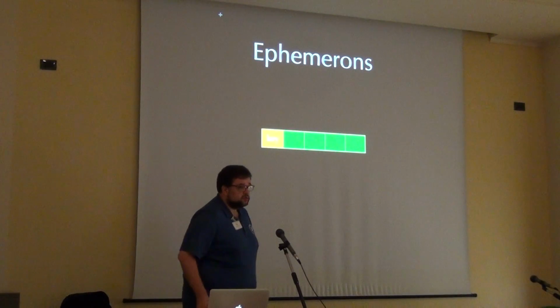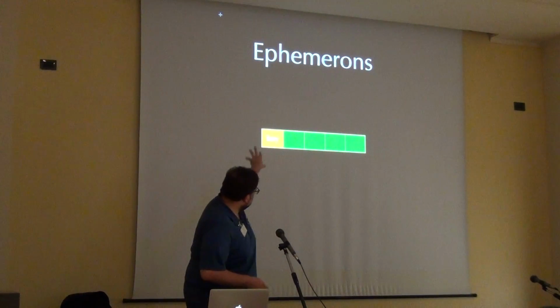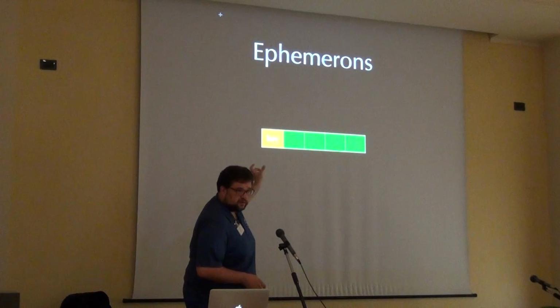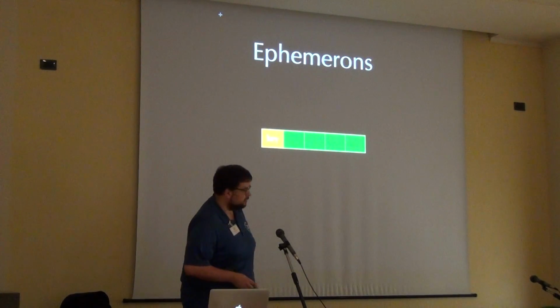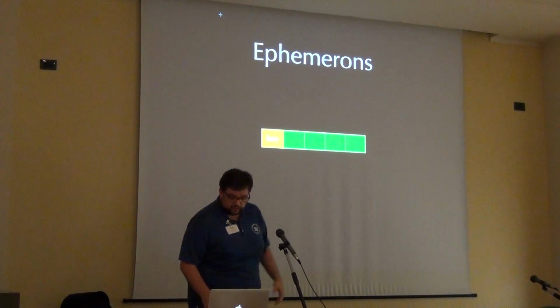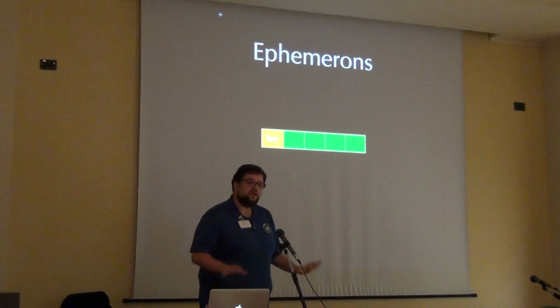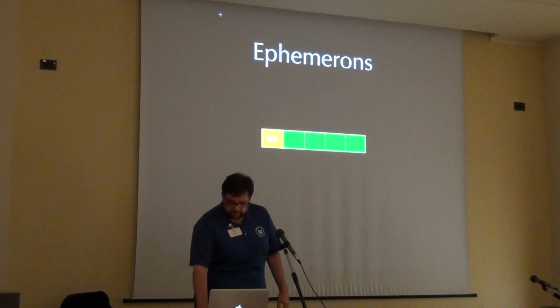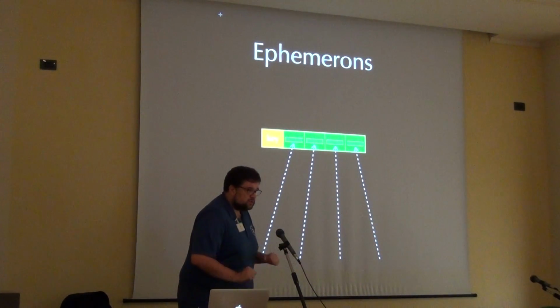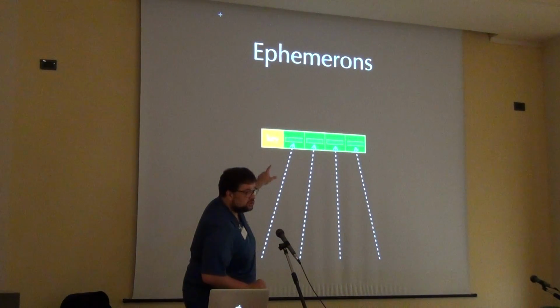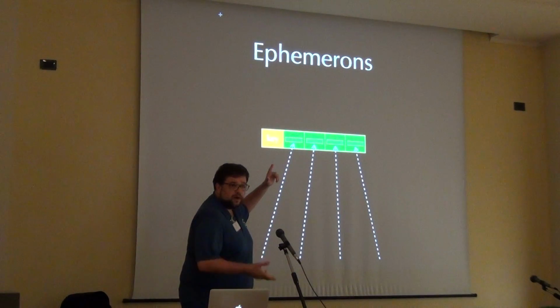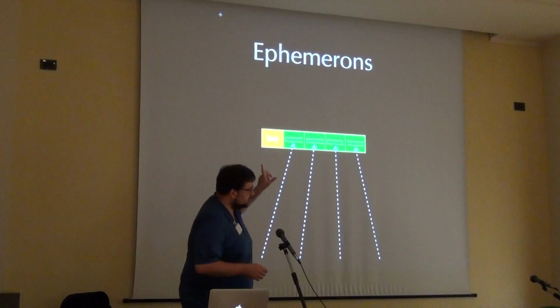And there are ephemerons, in which the first slot is different. It's pseudo-weak, and the rest are strong. What happens with ephemerons, at least for the purposes of this talk, is that when the garbage collector runs, since the ephemeron's contents are strong, they are all marked, so nothing gets collected and nothing gets stomped, except the first one.